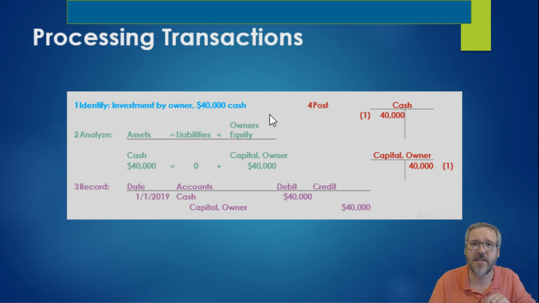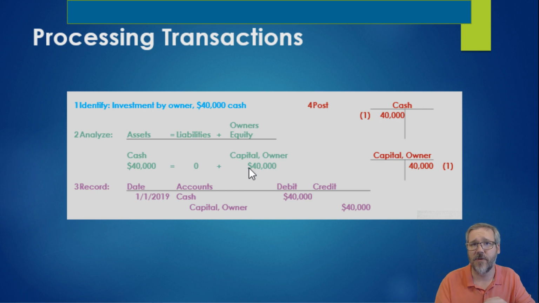Again, recognize that I always affect at least two accounts. So when I say investment by owner $40,000 in cash, cash is right there, right? I know cash is being affected, and I know that my business is increasing $40,000 in cash. Cash as an asset is going to go up by $40,000.